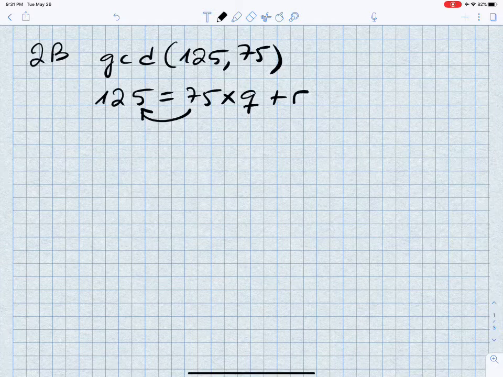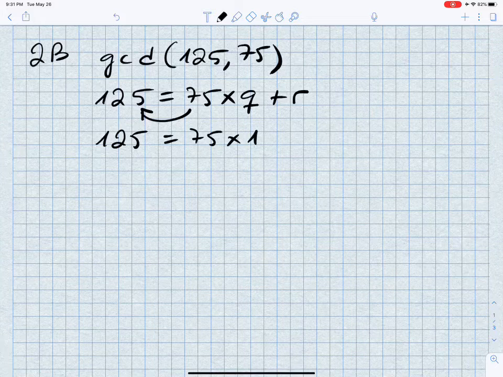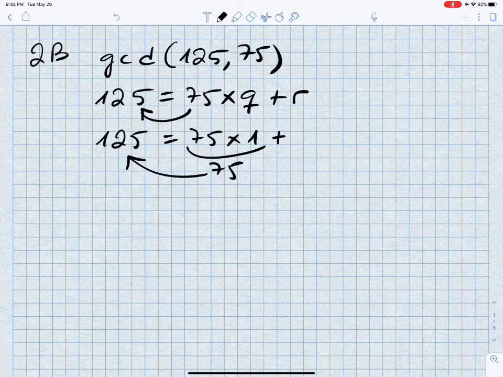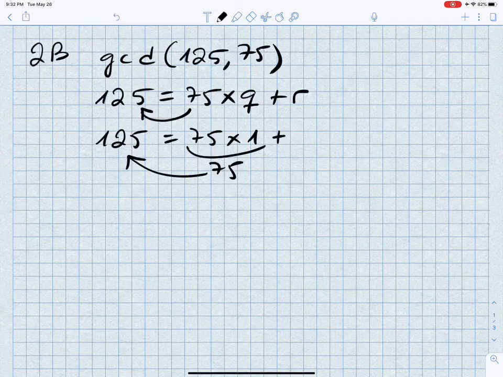That goes over 125. So it goes just once. So we say that 125 is equal to 75 times 1 plus some remainder. So how much further do we need to go to go from 75 all the way to 125? Well, we need to go 50 to reach 125.